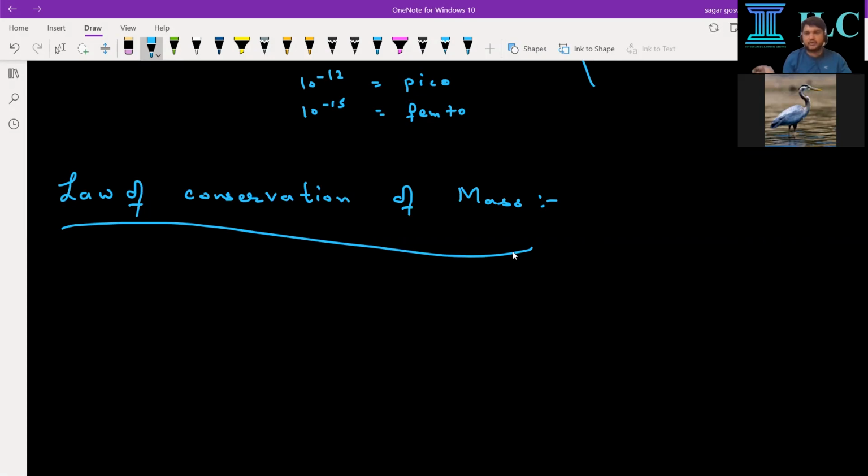Nothing is going to be lost. If I have ice of 100 gram and it melts by giving heat, it will become water. How much water will you get? 100 gram only, because mass can neither be created nor destroyed.